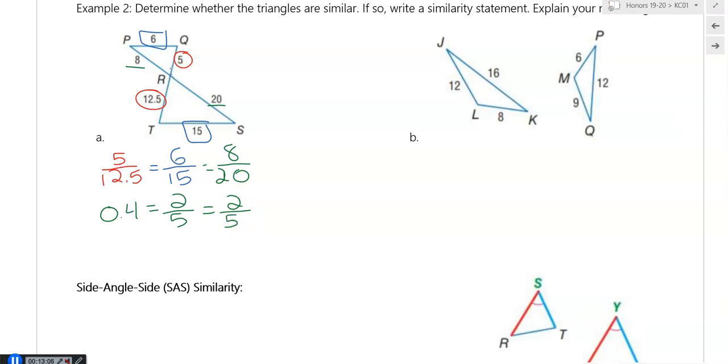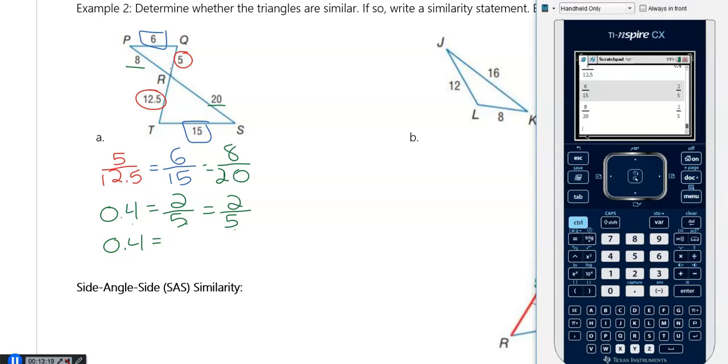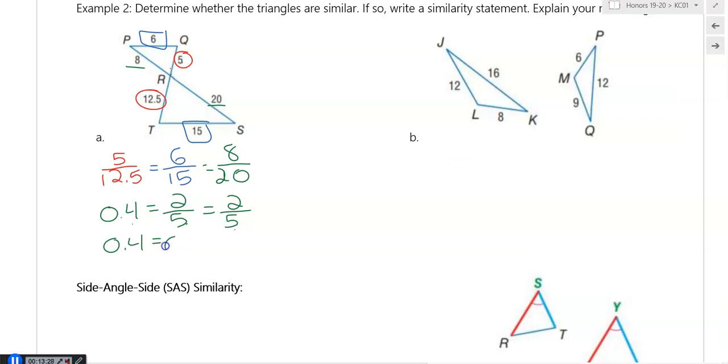Now we have to be careful when we have a decimal because unless you're really good at fractions, you might not know if these are equal. So I'm actually going to convert these fractions to decimals. And how you do that is I can do 2 divided by 5. If I hit this control button again and hit enter, it will give me that decimal. So 2/5 is 0.4.